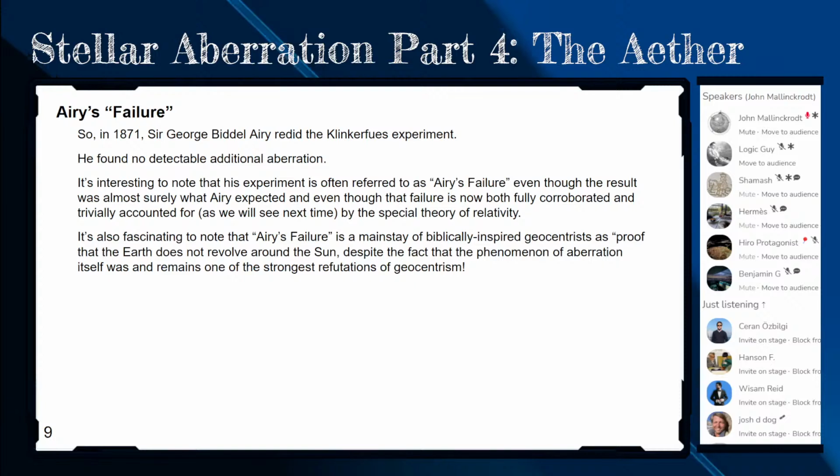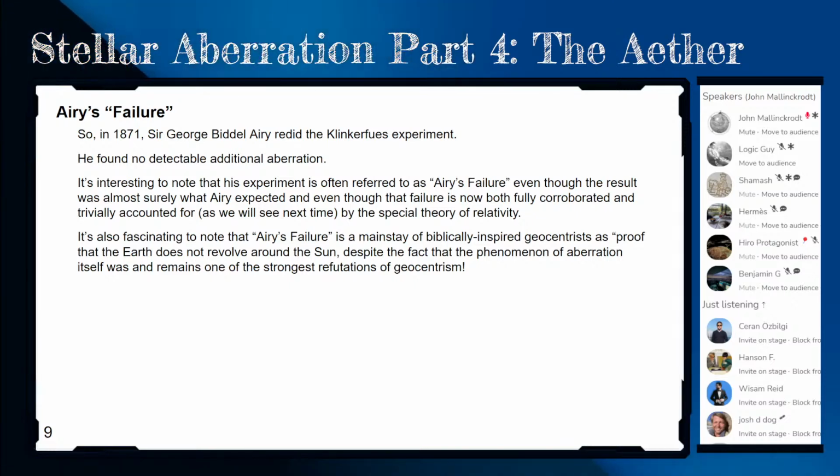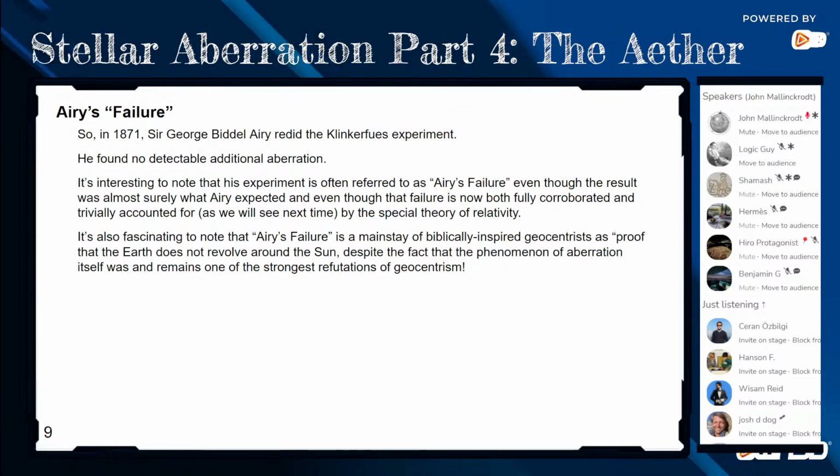I think it's pretty clear, this is just my opinion, that Airy looked at it and said, wait a minute, that can't be. Fresnel's theory says that it shouldn't happen, and we at least know that Fresnel's theory, as empirical as it is, does explain the Arago result, which is related very closely to this in terms of ether drag.